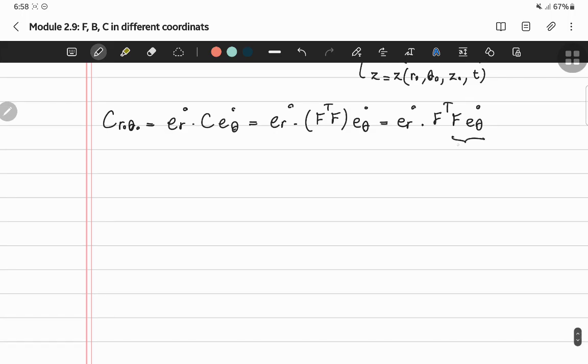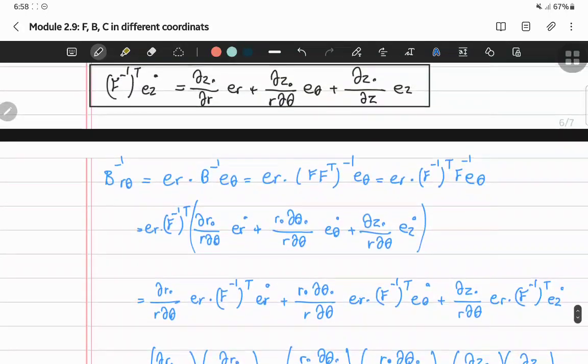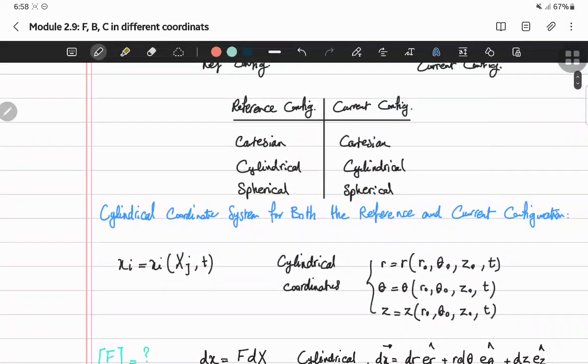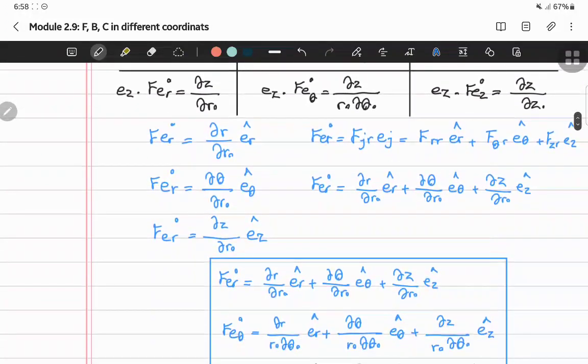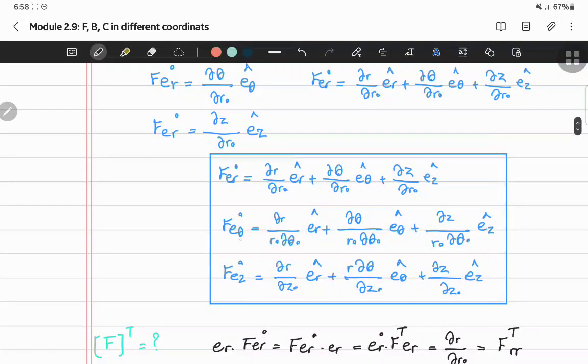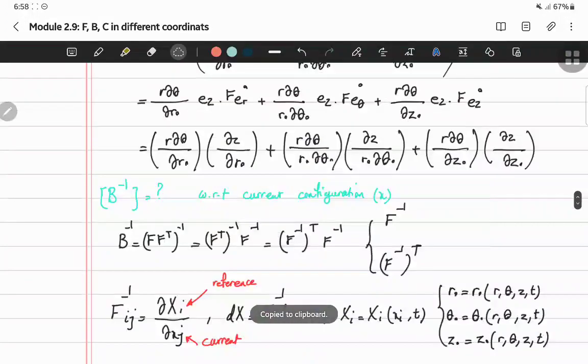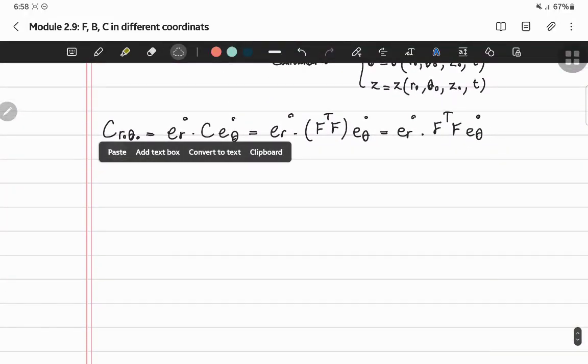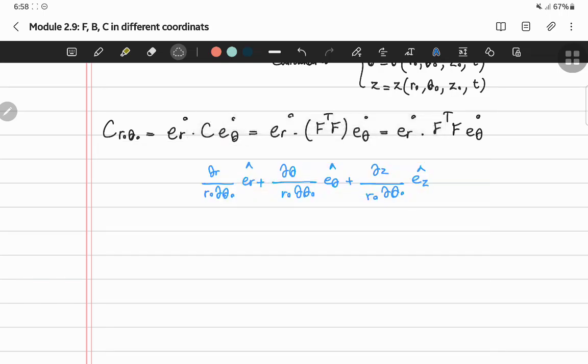And F E theta 0, we have to find this. Here it is, F E theta 0. So we copy this and paste it here. So I have equal to ER0 dot F transpose, this whole expression here.